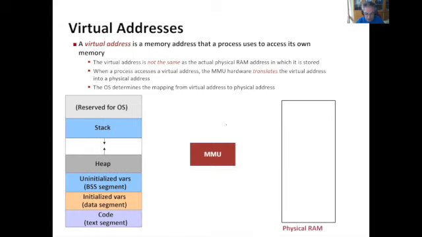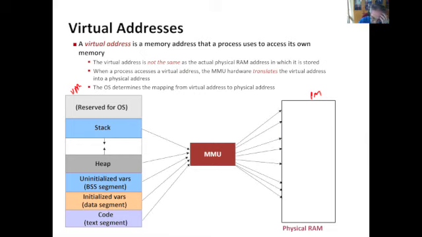So with the memory management unit, the idea is here we have our virtual memory, and here's our physical memory, and the memory management unit should map these virtual addresses into physical addresses. It should do that mapping in a fast way.